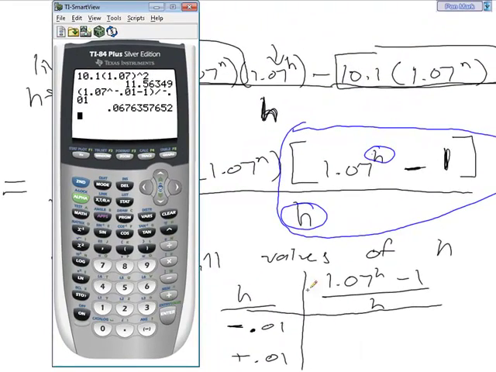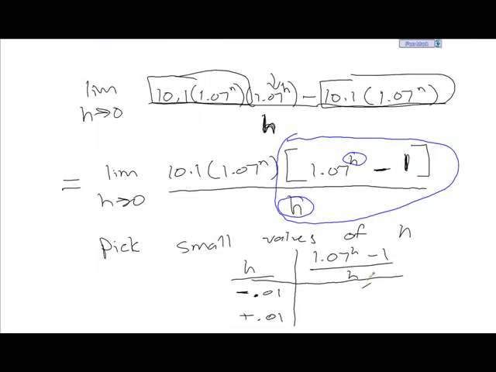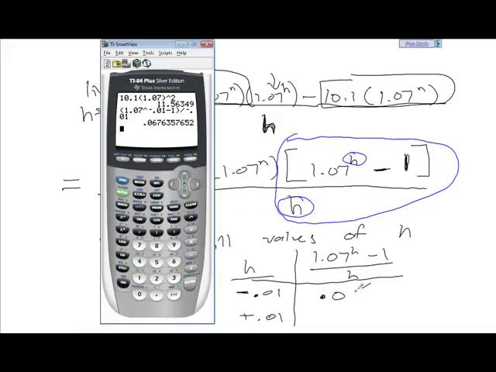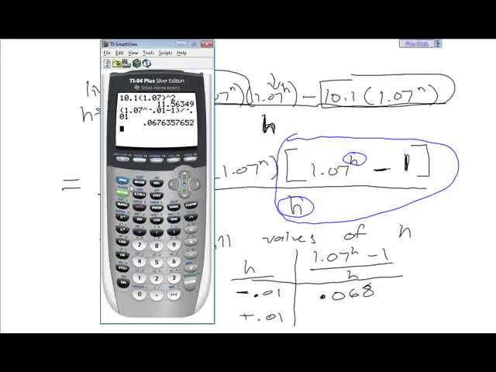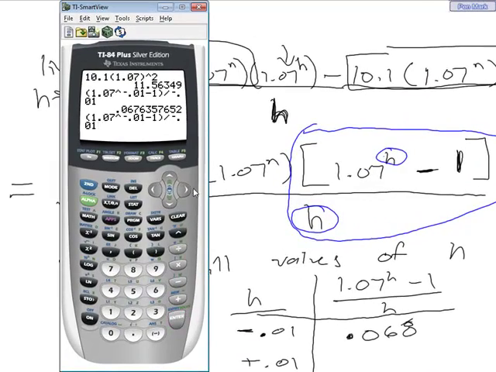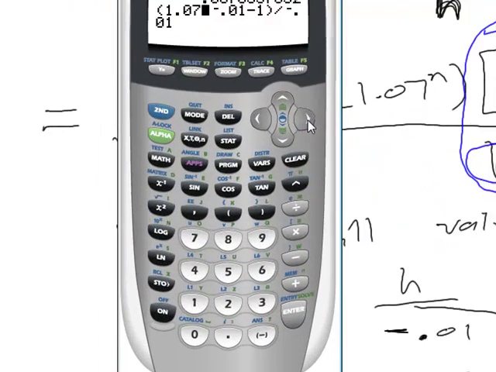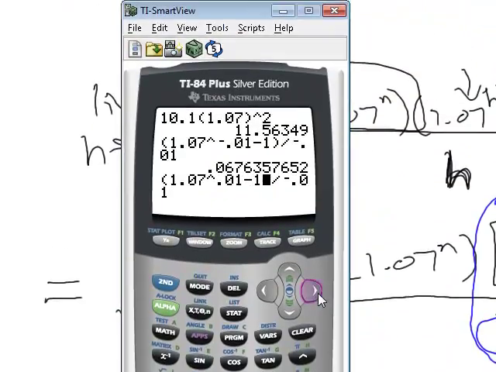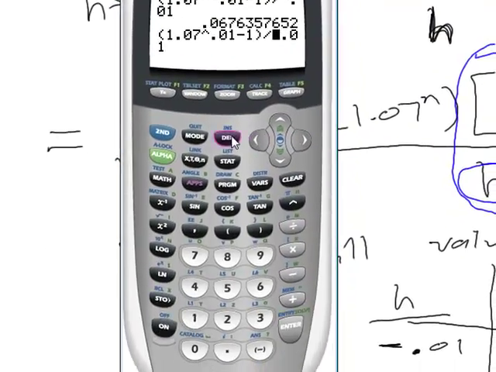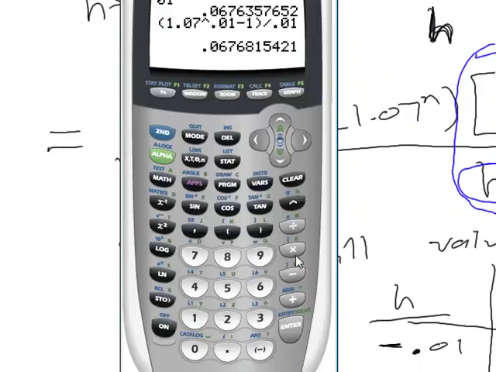That tells me that when h is really close to 0, this ratio is going to be 0.068 roughly. Now, from the other side, if h is really close to 0, but on the positive side, so remember this is horizontal distance, we always pick points that are to the left and to the right, just to make sure that our guess isn't too far off.